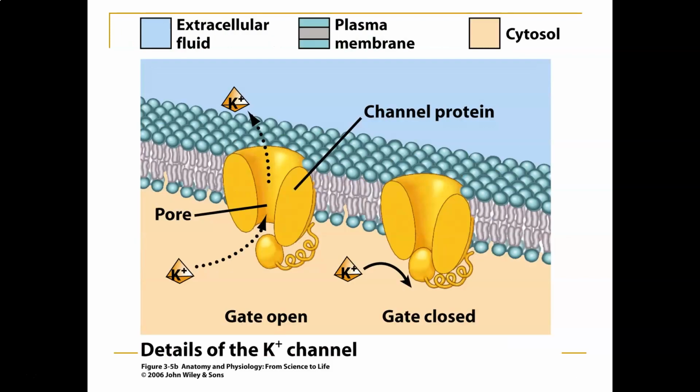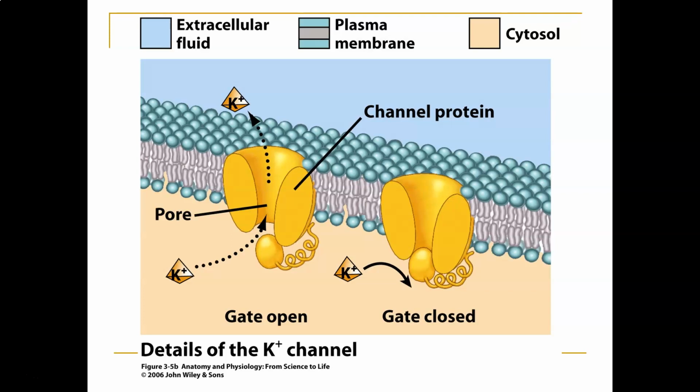Here's what a potassium gate might be visualized as. There are also proteins in the membrane, but notice that they can be opened or closed. So unlike the channels, which are basically open, these can be in an open state or a closed state.